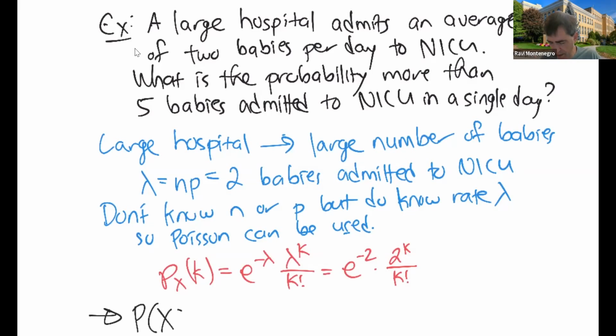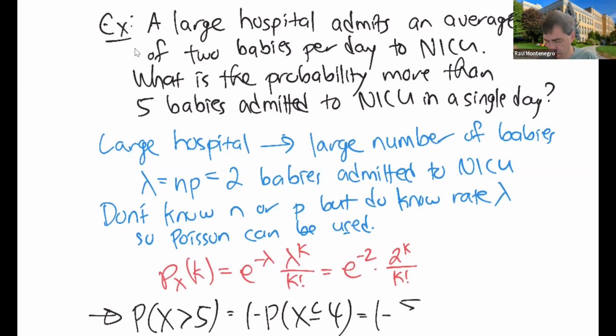So probability x is greater than 5, just like on the previous one, we can take less than or equal. And I'll do this on Wolfram, so I'll switch over to that in a moment.